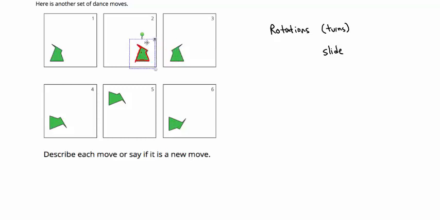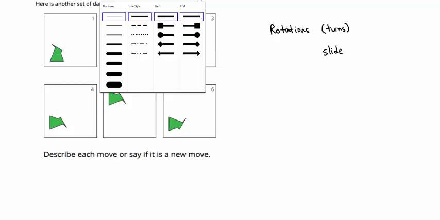Let's see if we can turn it. I'm just going to put it over there and turn it. That way. No. No. No. So that one doesn't turn or slide. That does something else. So we're going to say that is a new move. That is our new move.